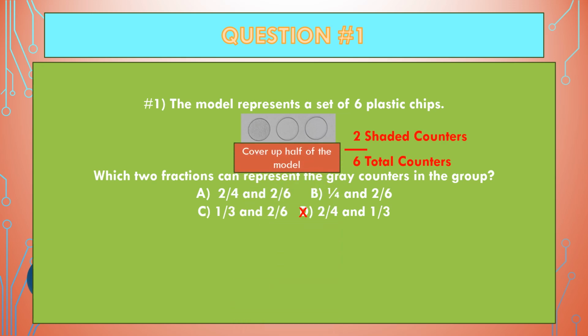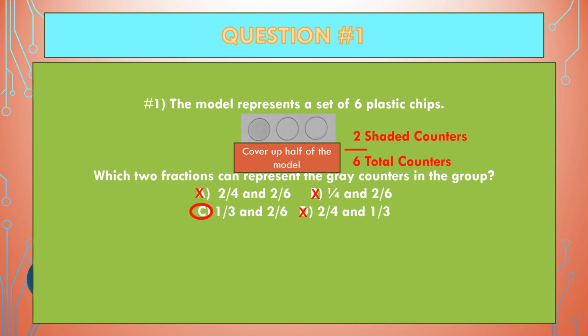So if you cover up the bottom half of the model and look at it, now the fraction that's shown is 1/3. So that means that the two fractions that can be represented by this model are 1/3 and 2/6. So it's not B, it's not A, but it's C.